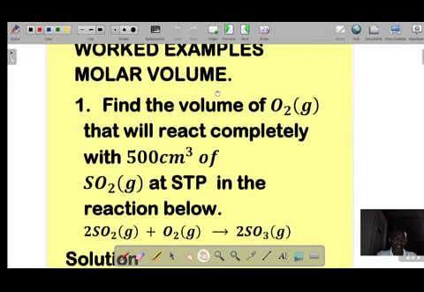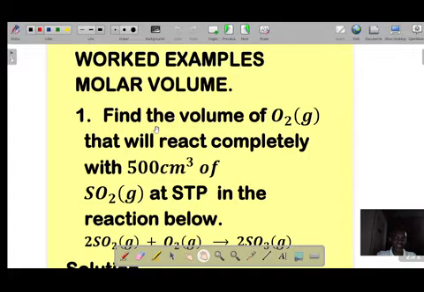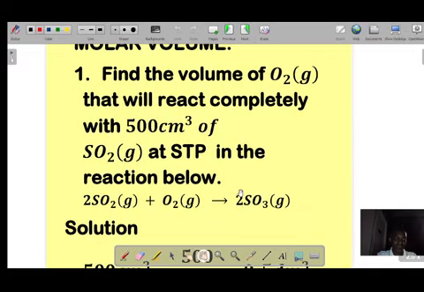Let us look at examples here. The question says, find the volume of oxygen gas that will react completely with 500 cubic centimeters of sulfur dioxide at STP in the equation below. So here I have the volume of sulfur dioxide, which is 500 cubic centimeters at STP, and I need to know how much oxygen is going to react with that completely.